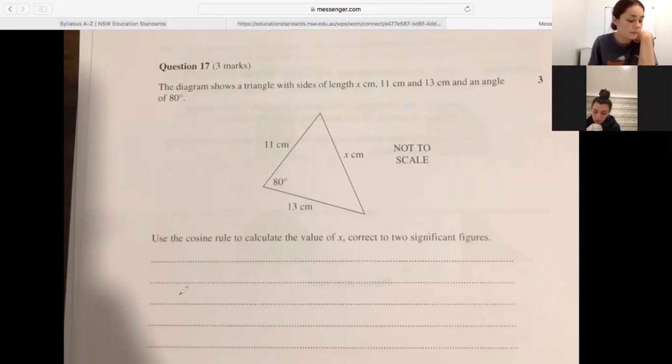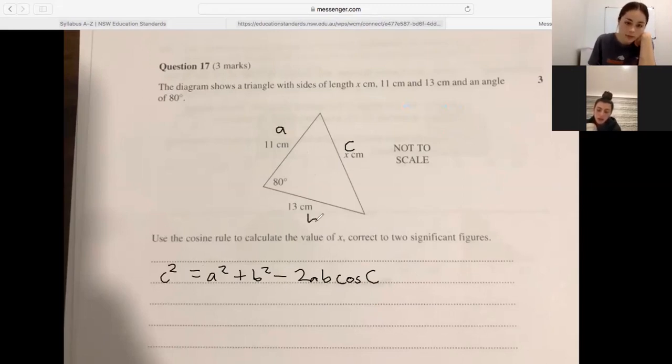So C squared equals A squared plus B squared minus 2AB cos C. And our X is going to be our C, because that's the side we're trying to find. So this would be A, this would be B, and this is cos C.